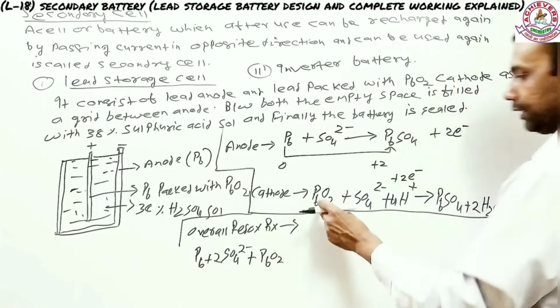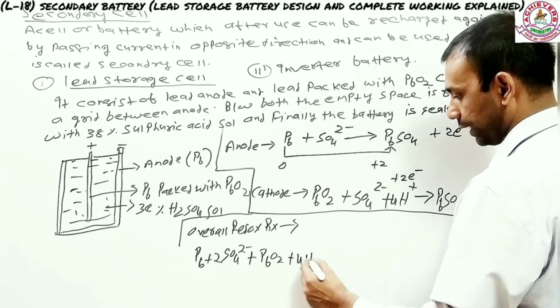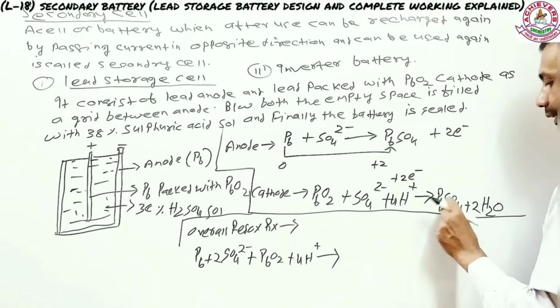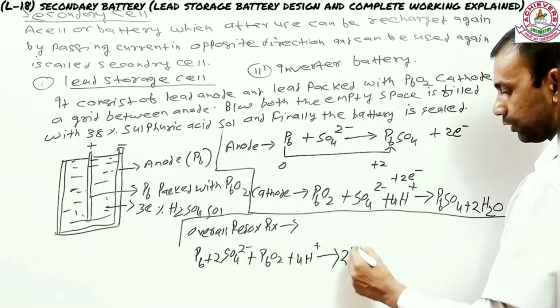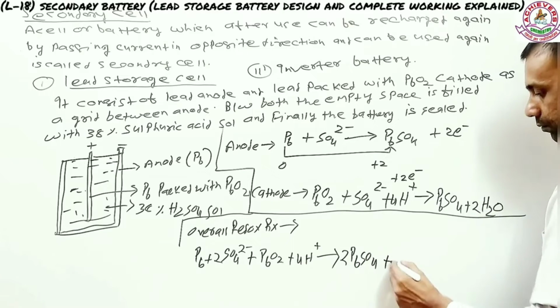Lead you have right there, then you have lead oxide with 4 hydrogen ions, and they convert into lead sulfate. There is another lead sulfate here, so this is going to be 2 PbSO4 plus 2H2O.